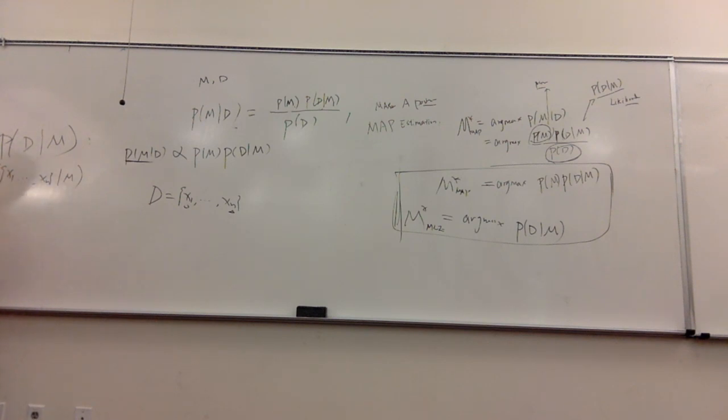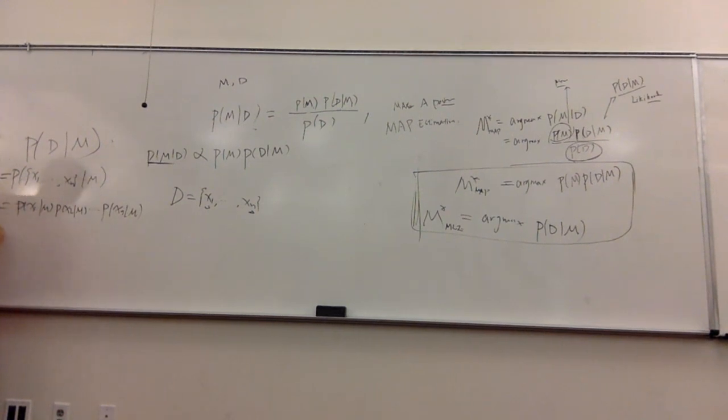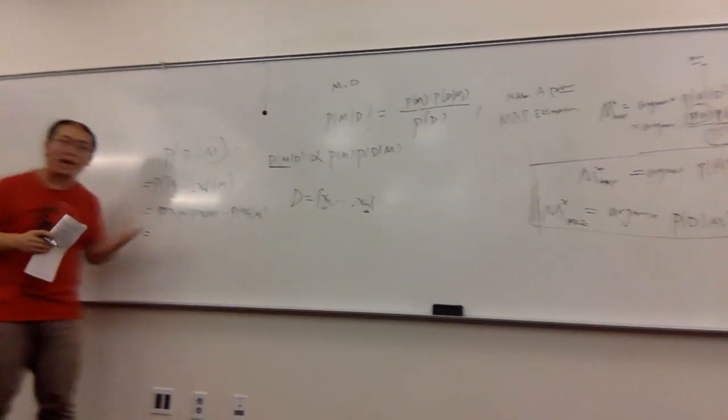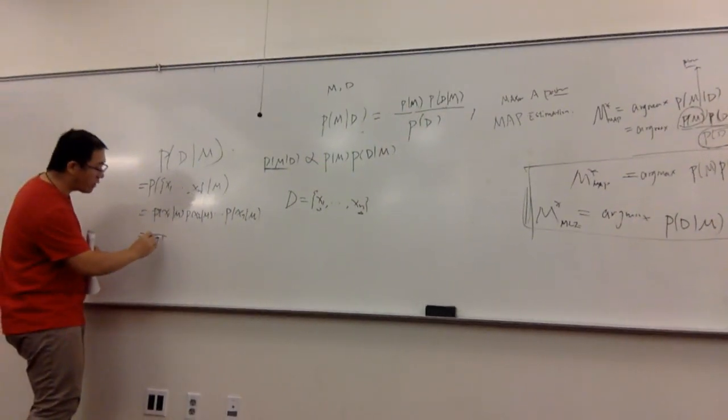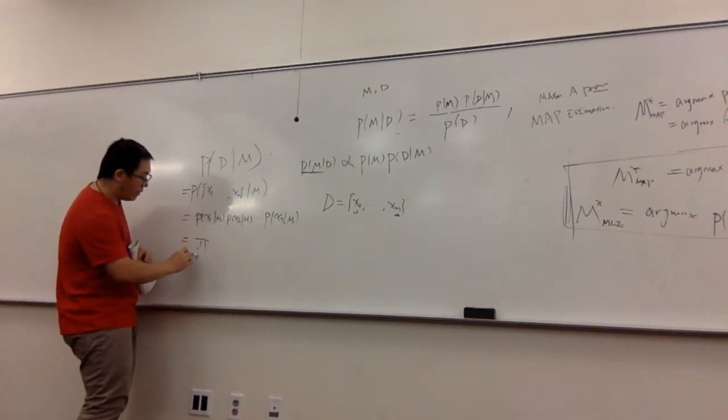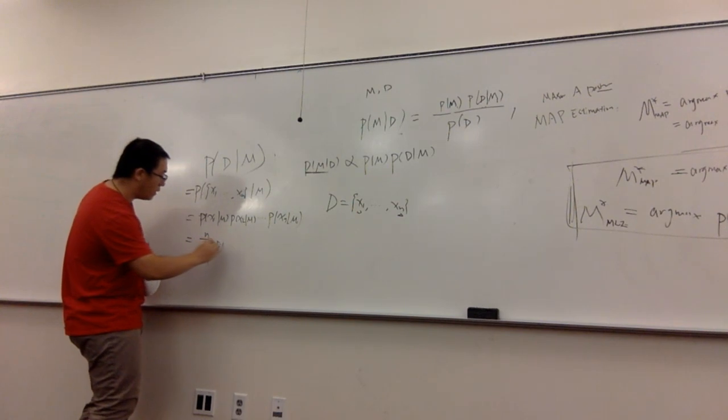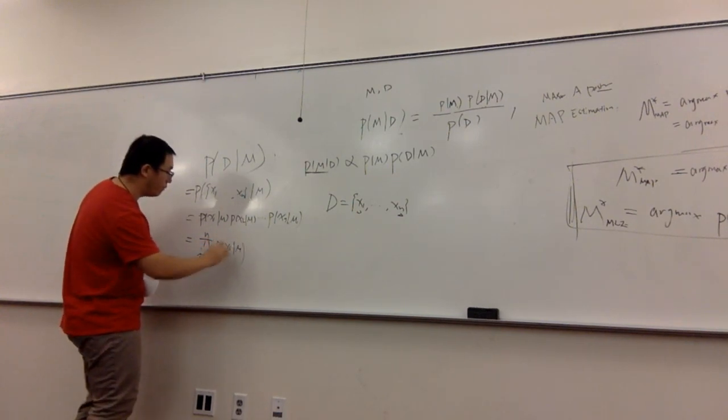So basically, it can be written as P(x1 given M), P(x2 given M), until P(xn given M). If you write it in a concise way, it can be written with the product symbol, i from 1 to n, P(xi given M).